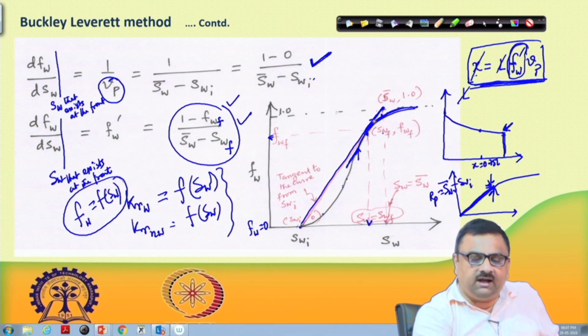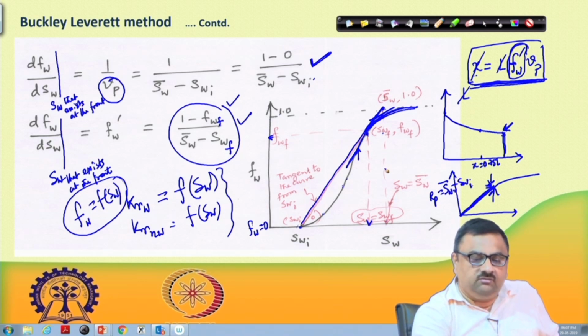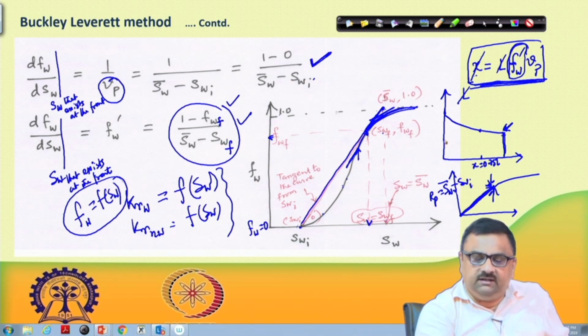So, at any point I can draw a tangent, and suppose I draw a tangent, I can find out immediately what is the corresponding Fw prime. Suppose I want to know this particular saturation, some other saturation here.